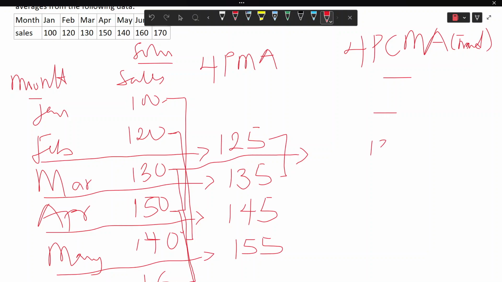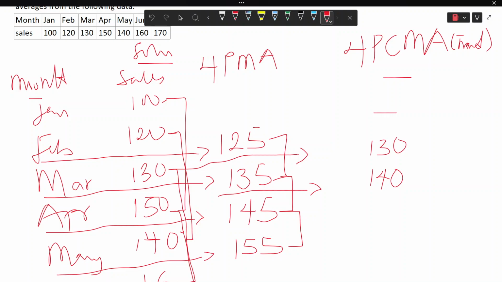So we have 130. Then the next one is 135 and 145, giving us 280. The average is 140, also on April. The next one, that's the last one, is 145 and 155, giving us 300.